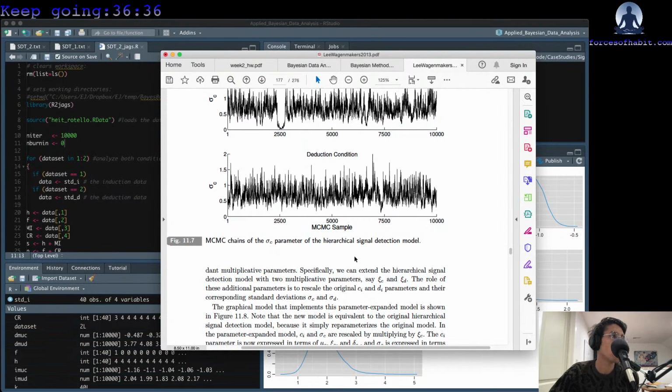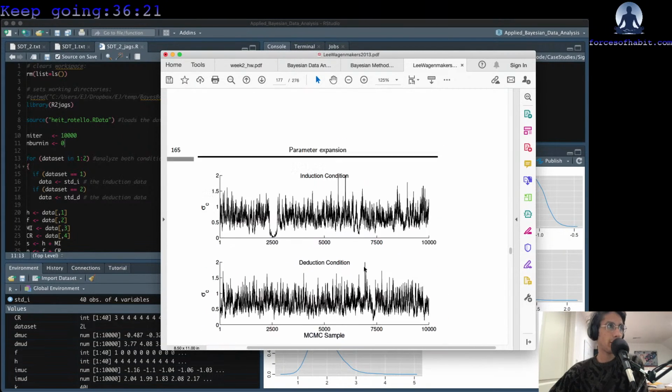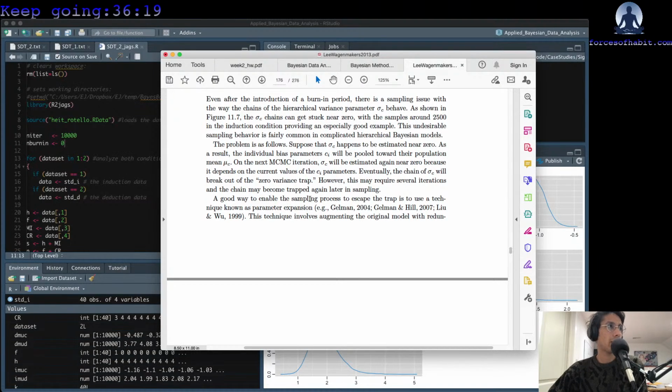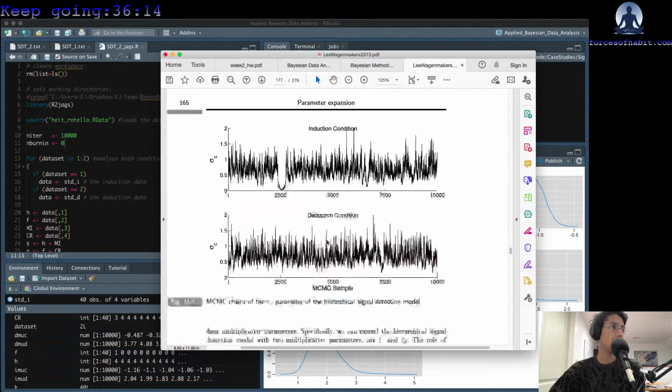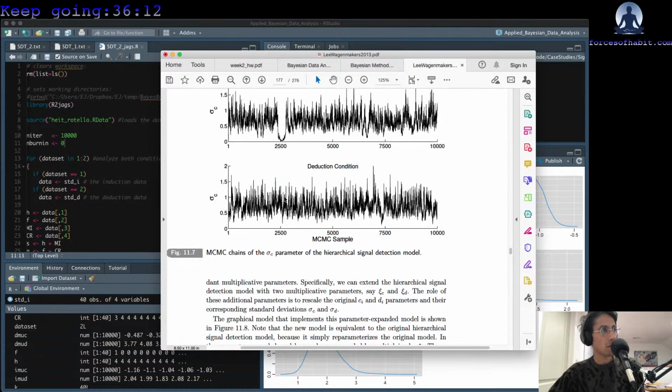The role of these additional parameters is that we're going to rescale C and D so that they're sigma parameters. We're trying to prevent this near-zero biased sampling, this variance trap, if you will, because it can create issues of autocorrelated samples for our sigma parameters.